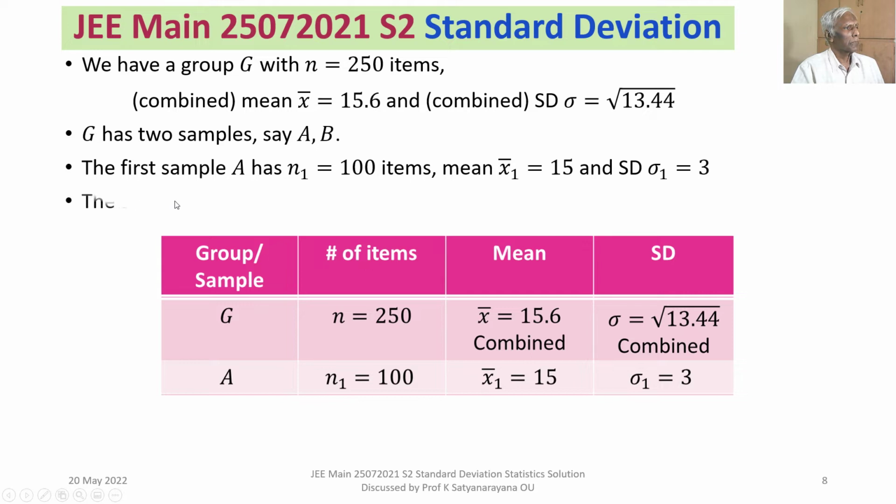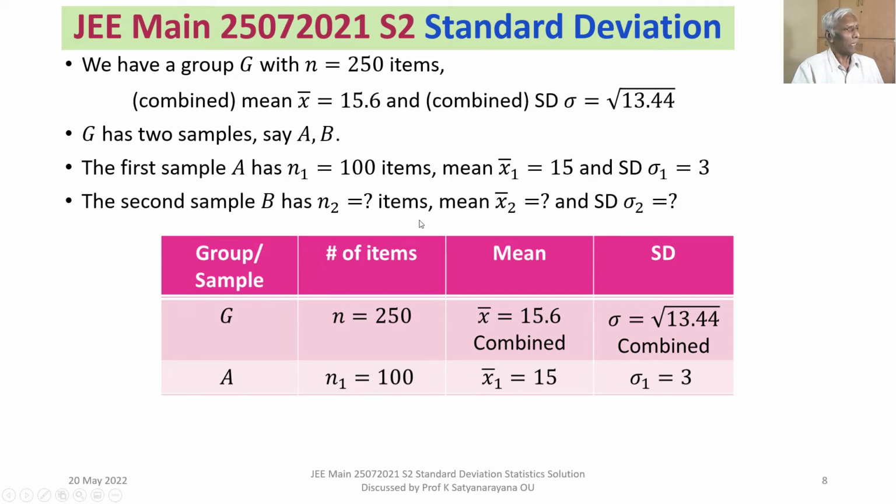And the second sample B has n2 items. Its mean x2 bar we have to find. And the question is, we have to find the standard deviation of the second sample, that is, sigma 2 is how much.